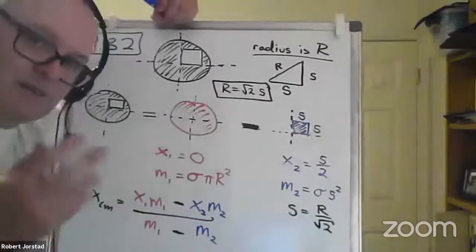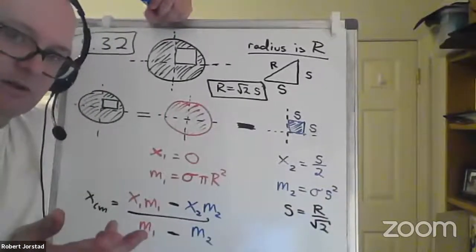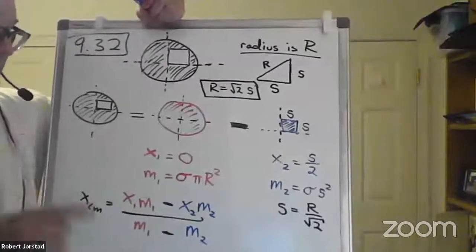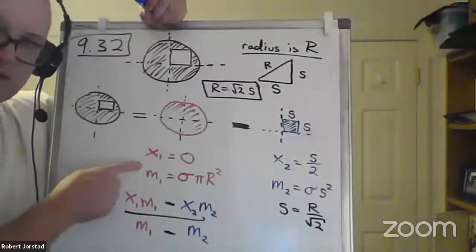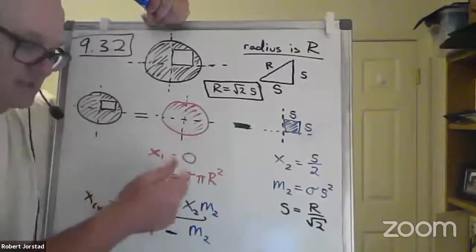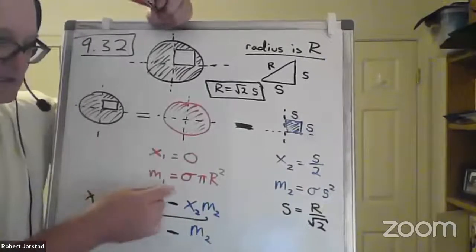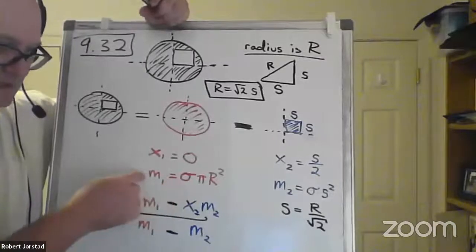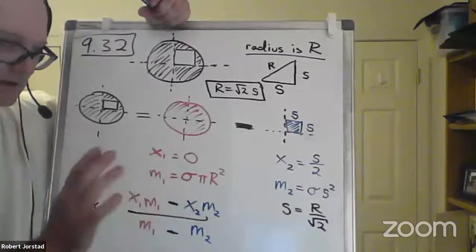What are some common things we've seen in every single problem? Number one, this is a trick you could sometimes use. Replace a mass with a density times an area, or a density times a length, or a density times a volume. We could use a density to replace the mass with an area calculation.